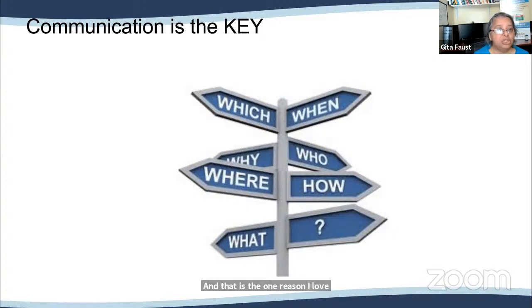And the key is communication, right? So if you do not communicate with the client on a constant, ongoing basis, you will not know how to transact or record that transaction or even advise them.